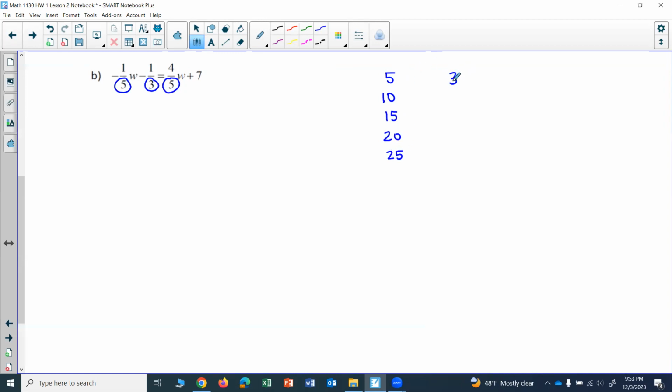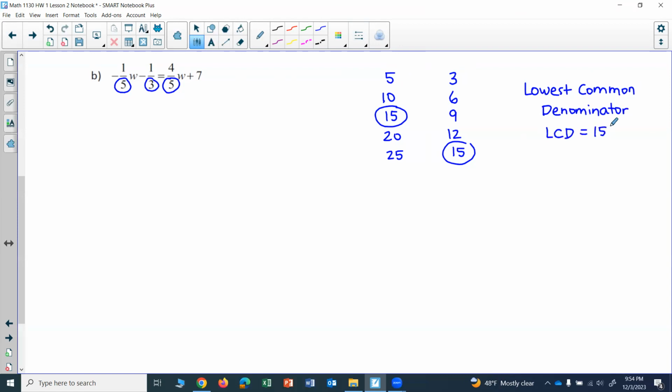Let me list out some of the multiples of 3. 3 times 2 is 6, 3 times 3 is 9, 3 times 4 is 12, 3 times 5 is 15. Oh, there I have one in common. So my lowest common multiple of the denominators is 15. So the lowest common denominator, or LCD, in this case is 15. It's the lowest common multiple of the denominators.